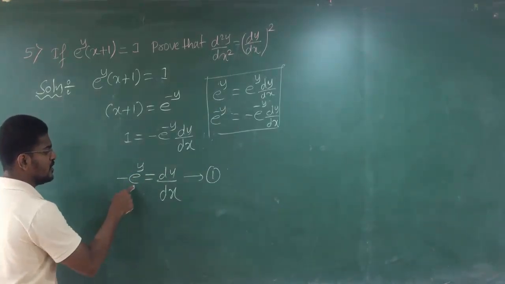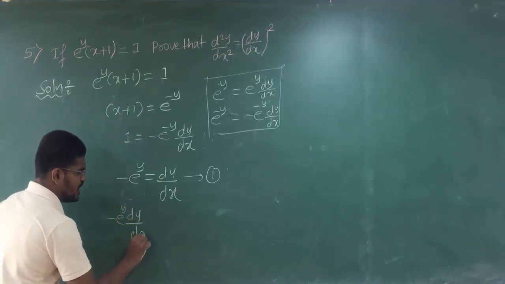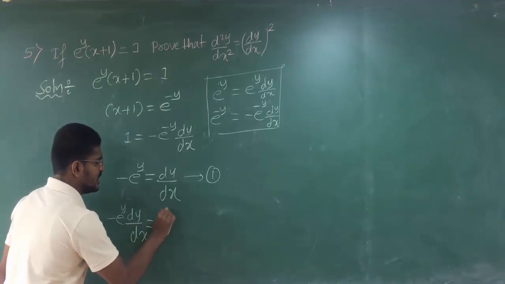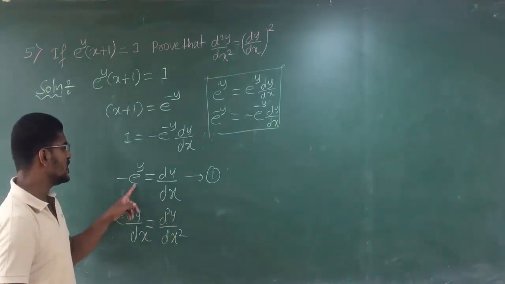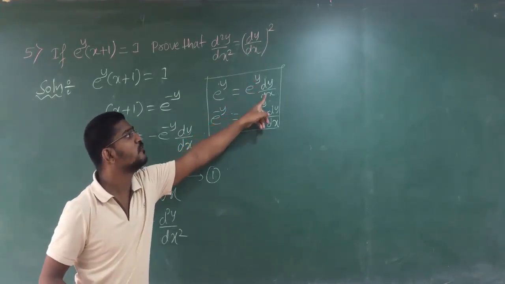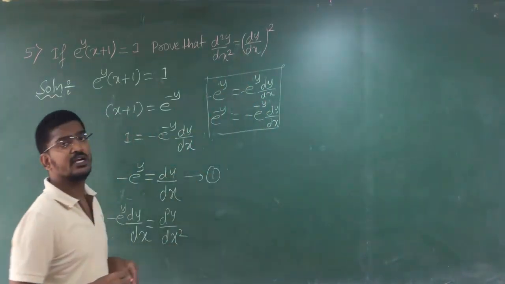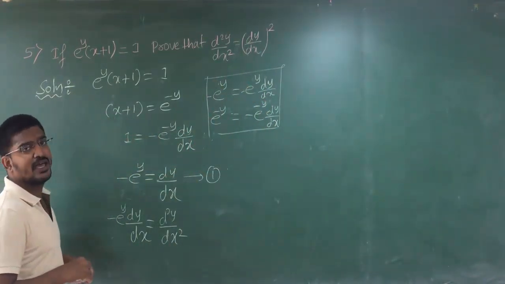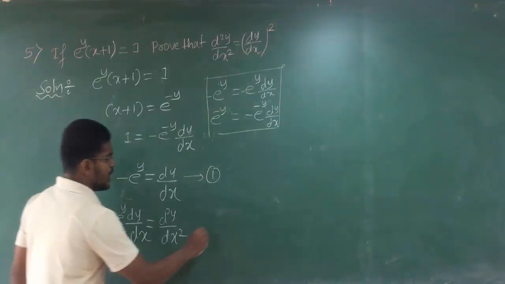What are you going to get for this minus e to the power of y into dy by dx? This is d square y by dx square, because we know that the differentiation of e to the power of y is e to the power of y dy by dx. If you have a minus sign, it will be minus e to the power of y dy by dx.